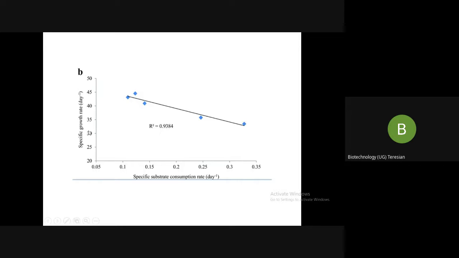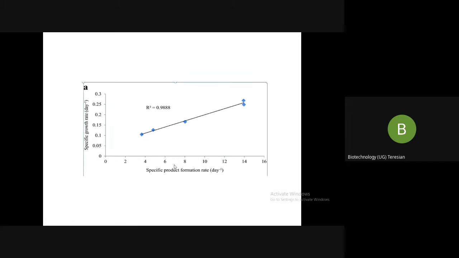Here, I'm considering the specific growth rate of my microorganism and how the substrate is being consumed. And here, I'm considering the specific growth rate of the organism and how the product is being formed. In both, I'm considering the growth rate of my organism, how the substrate is being consumed and the product is being formed.